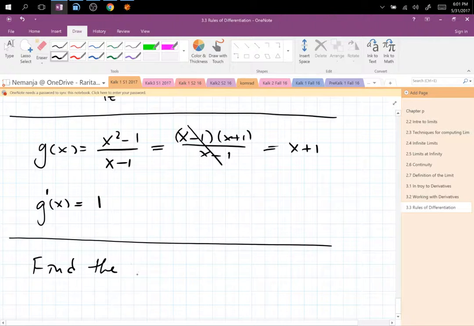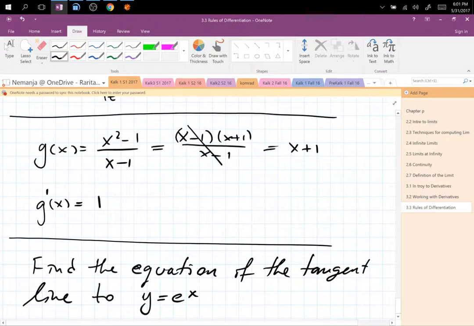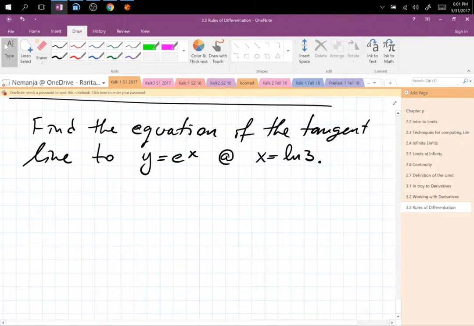Find the equation of the tangent line to y equal e to the x at x equals ln 3. You know the procedure from last class.